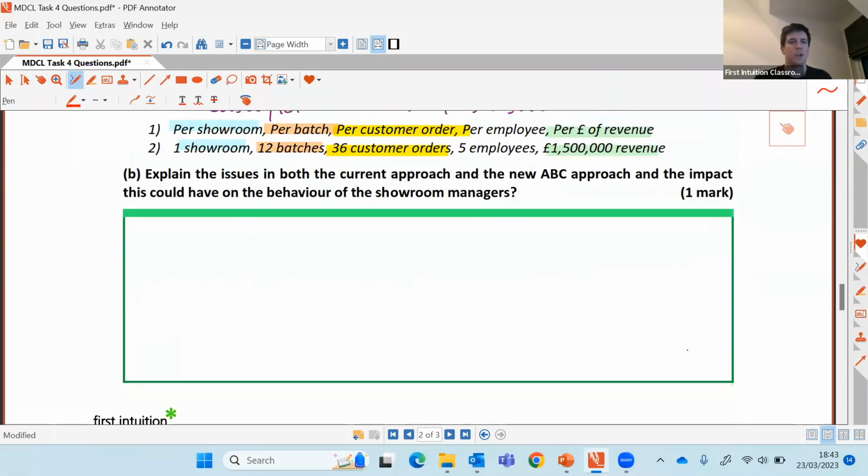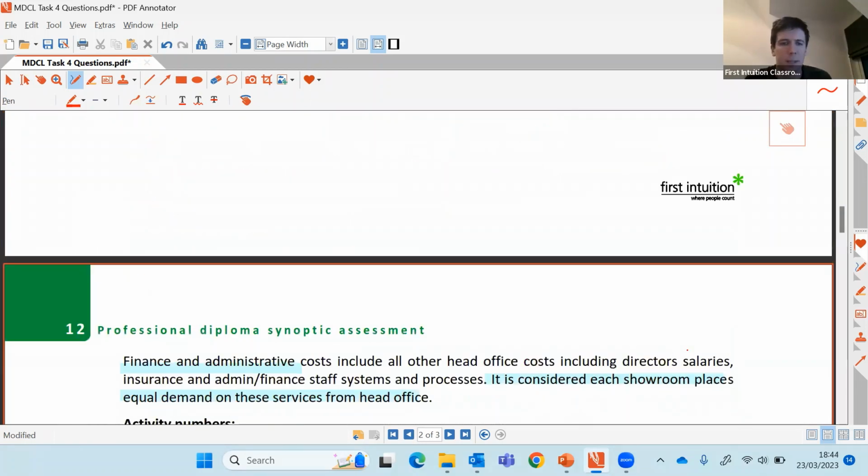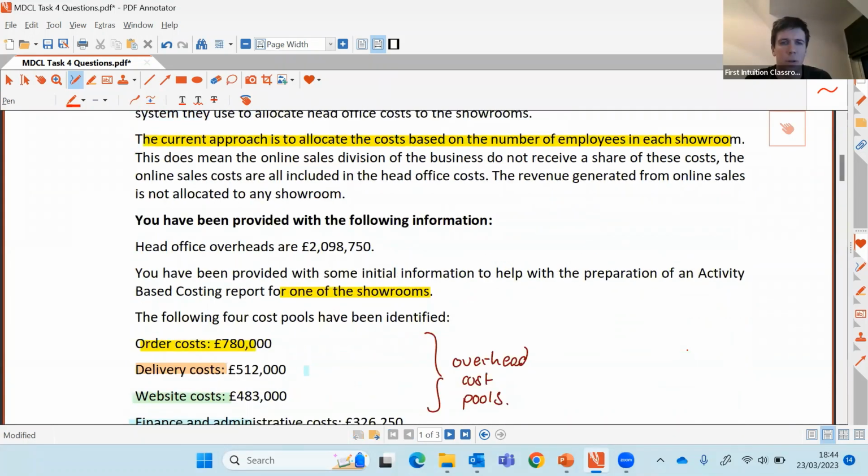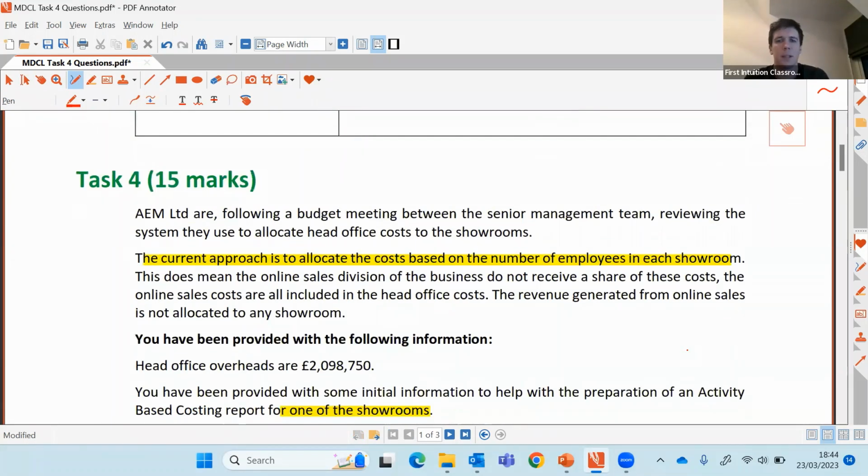Okay. So let's just hark back to what they told us at the beginning. They told us that basically what they are currently doing is to take the costs and divide it by the number of employees in each showroom.